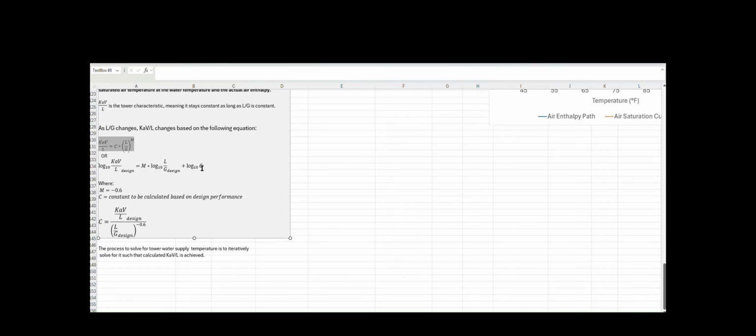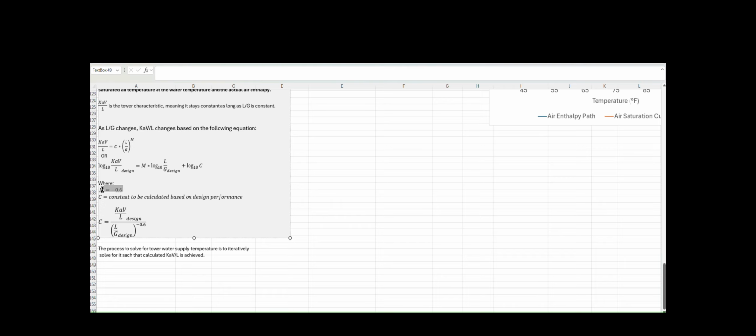It comes from this equation right here, and I'll zoom in on it. This equation: any KAV over L, any characteristic number for your tower, is going to be equal to C, which is a constant, times an L over G ratio to the power of M, which is also a constant.